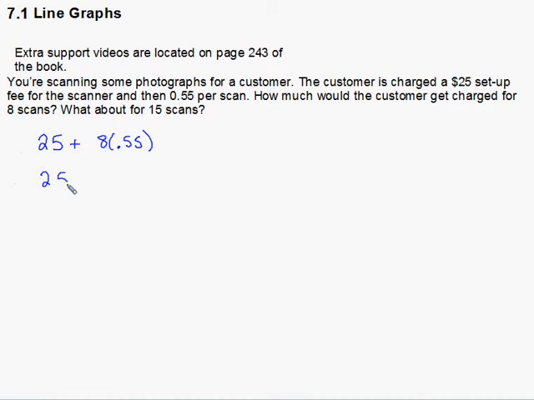So 8 would be $4.40, so that would be $29.40.